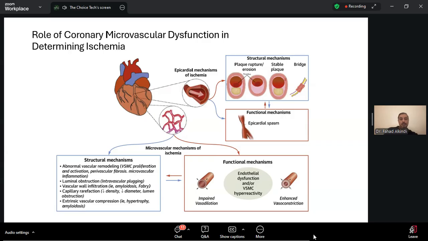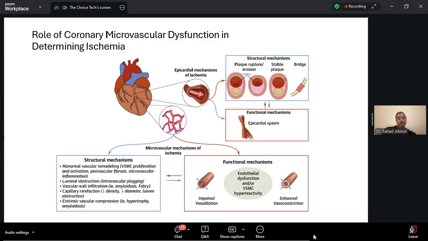And also, there is a microvascular mechanism of ischemia, which can be due to a functional mechanism, due to impaired vasodilation or enhanced vasoconstriction, that is secondary to endothelial dysfunction. And one of the major reasons for this endothelial dysfunction is comorbidities like hypertension, diabetes and obesity.